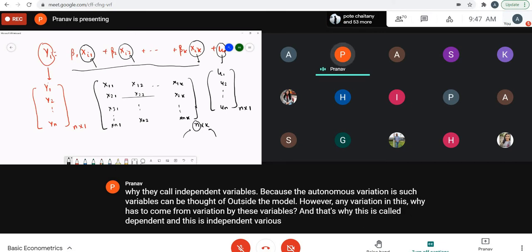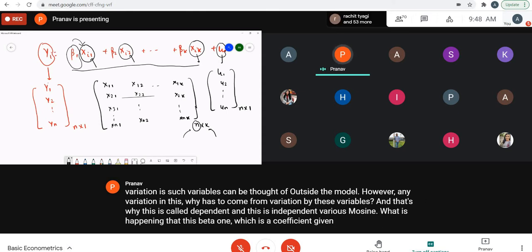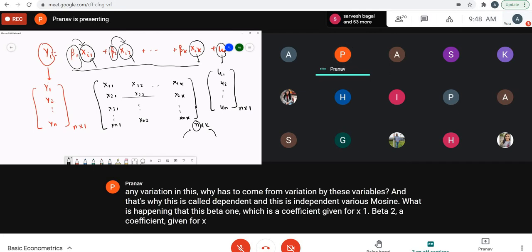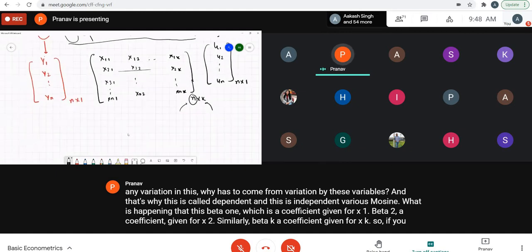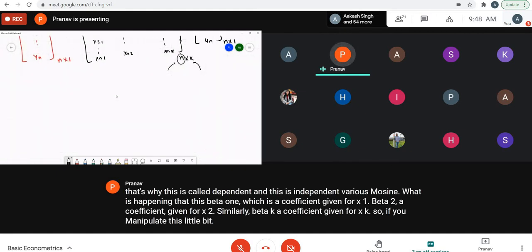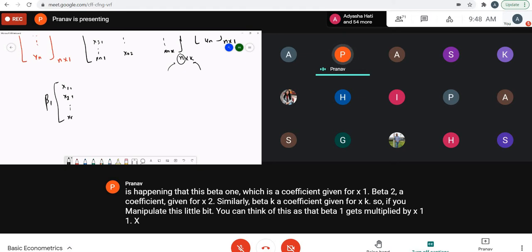Now you see what is happening: this beta 1 is a coefficient given for x1, beta 2 is a coefficient given for x2, similarly beta k is a coefficient given for xk. So if you manipulate this a little bit, you can think of this as beta 1 getting multiplied by x11, x21, so on till xn1.